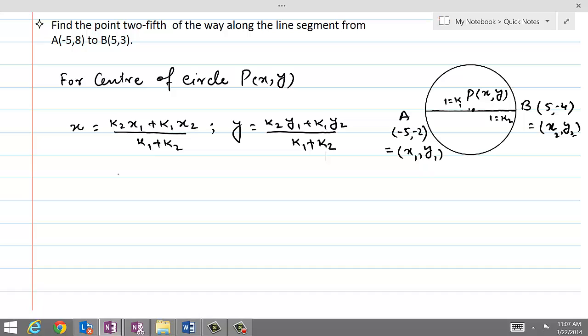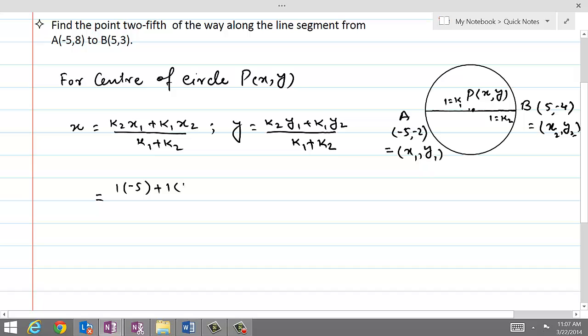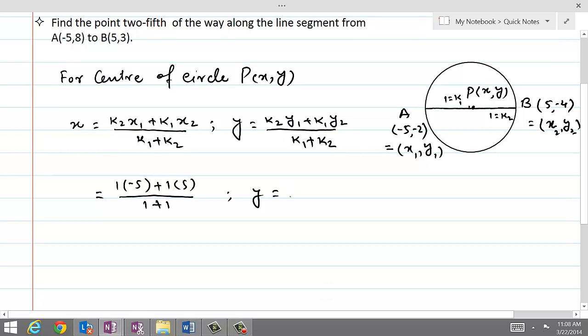On substituting the values, K2 and K1 are 1, 1. So 1 times -5 plus 1 times 5, divided by 1 plus 1, and similarly y is equal to 1 times -2 plus 1 times -4, over 1 plus 1.